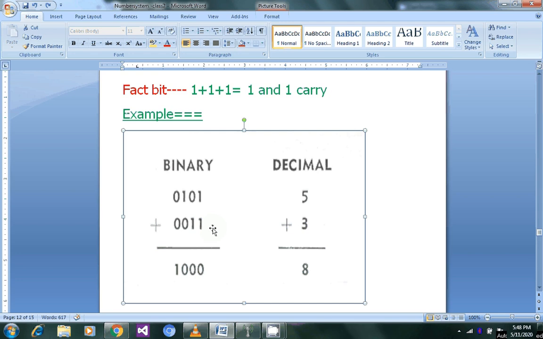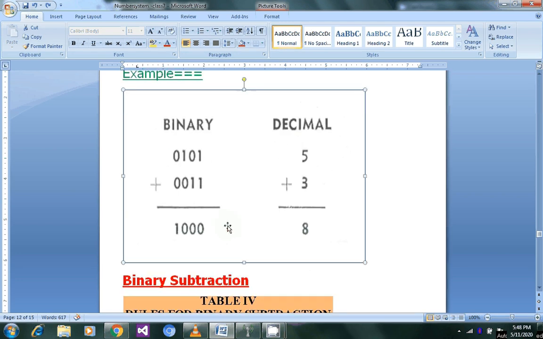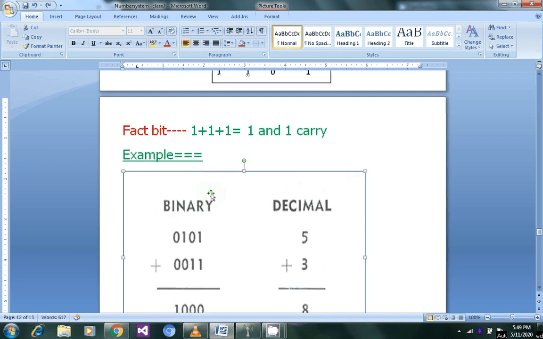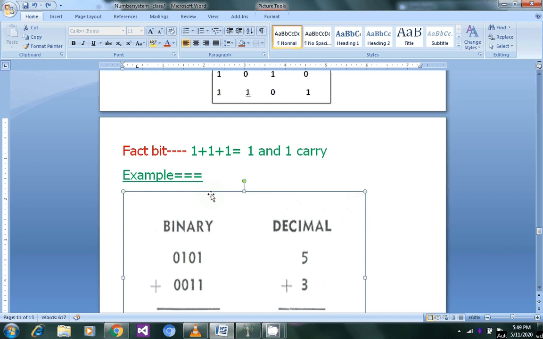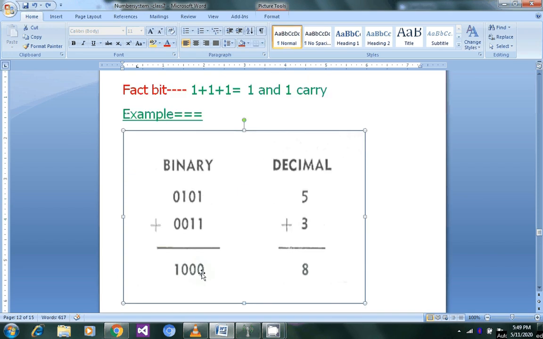You have to add these numbers. So all of you see the result: 1 plus 1 in binary addition equals 0. So here you got 0 and 1 is carried to the next row.